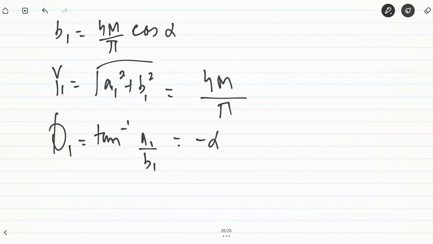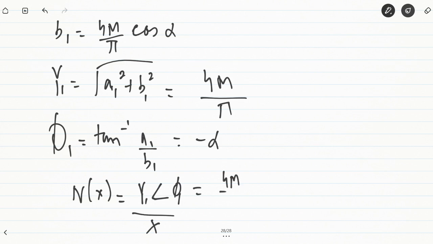So we can write N of X, the describing function, as the ratio of the output phase divided by X, where y1 is 4m by pi and phi1 is minus alpha. So this is our describing function, 4m by pi X angle minus alpha.